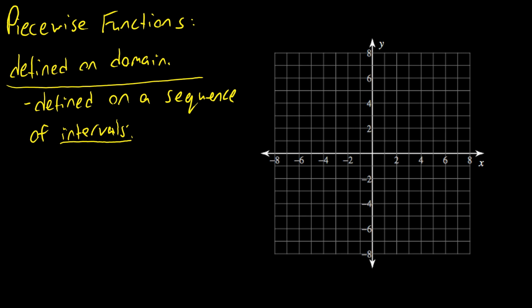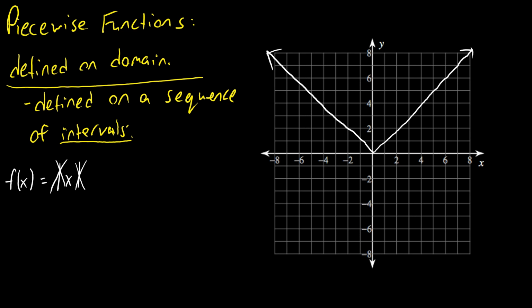So let's look at the example of absolute value of x. So you likely know what the absolute value of x looks like, right? Looks like this. Okay, but say we weren't able to use these absolute values, and it instead was just x.